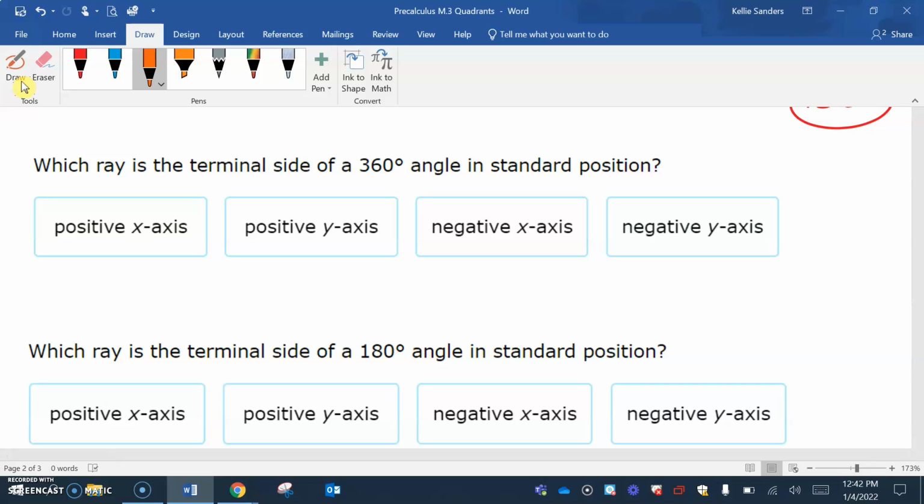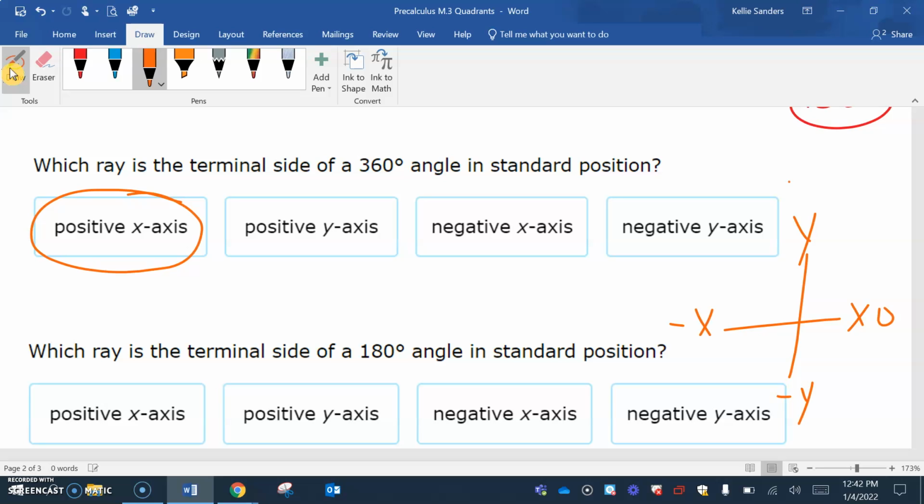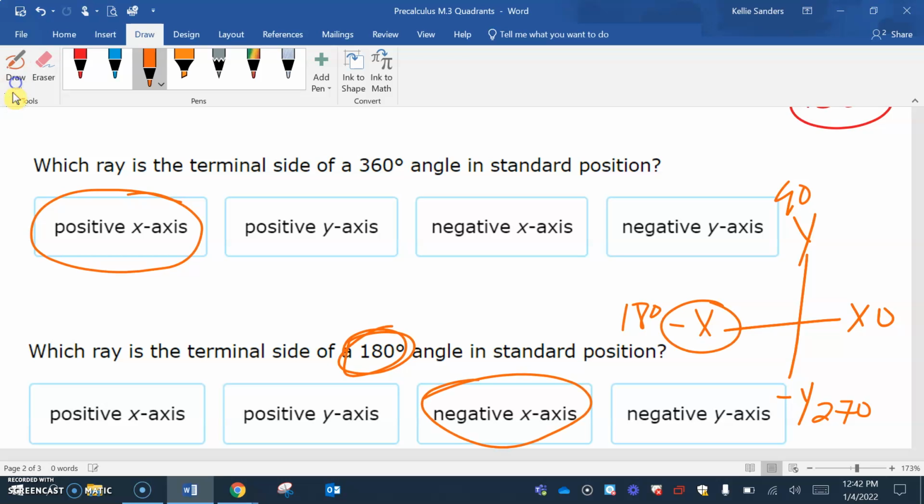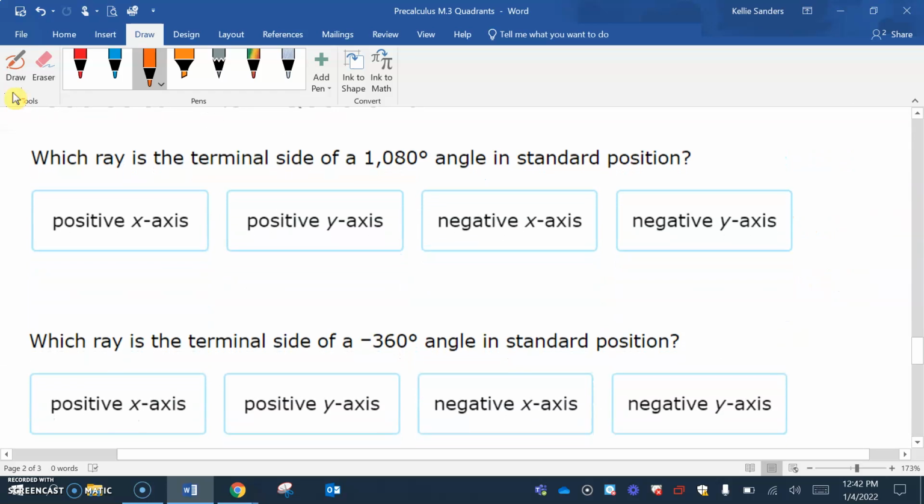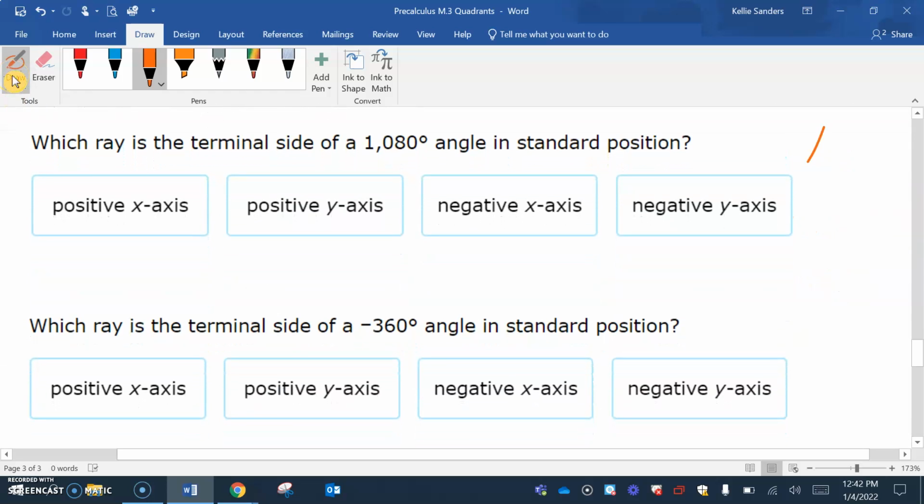Okay, so which ray is the terminal side of a 360 degree angle in standard position? Well, since 360 is the same thing as 0, and 0 is the positive x-axis. Zero, 90, 180, 270. So for 180, 180 is on the negative x. 1080.